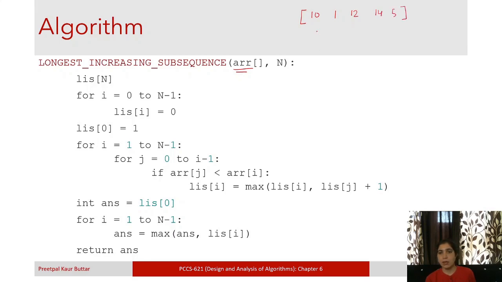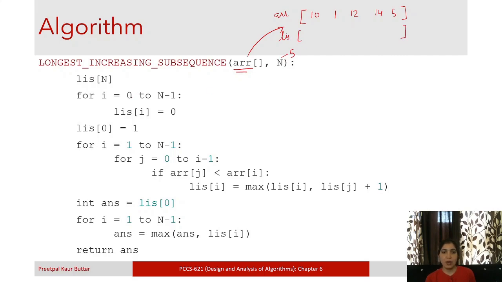Now we have 5 values here. So n is 5 and this is your input array, and you can create another array of size n which will store your longest increasing subsequence.